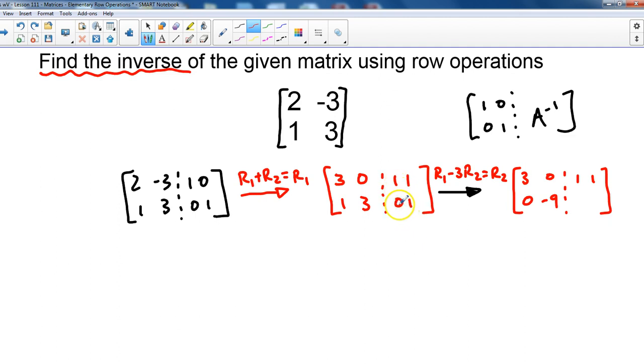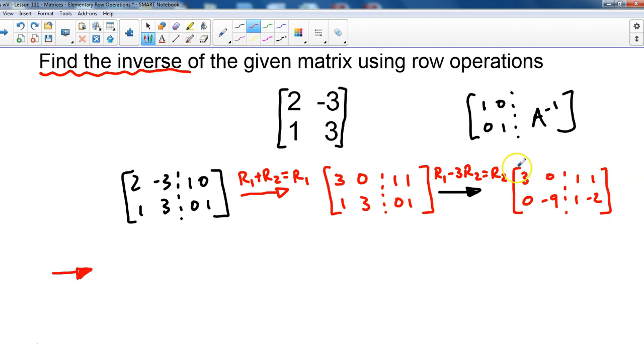Row 1 minus 3 times 0 is just 1. And then 1 minus 3 is going to give me a -2. Okay, so I've got a relatively simplified matrix. You can see I'm getting pretty close. I've got zeros where I need them. I've just got to do a couple quick things in order to change it.